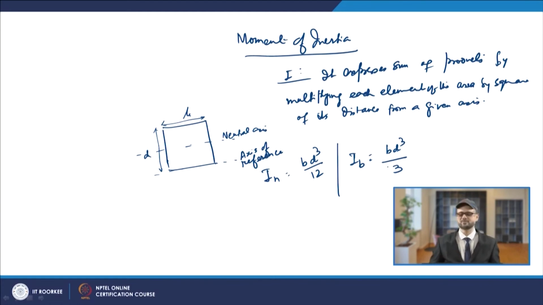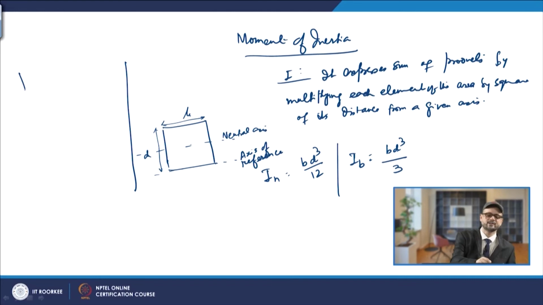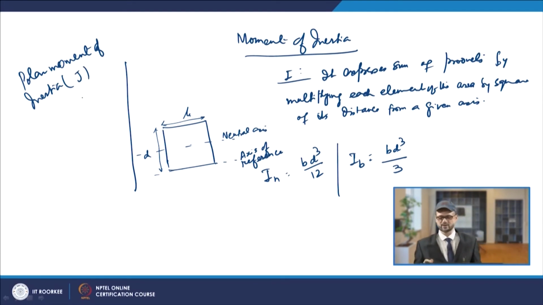Basically, the knowledge about the moment of inertia will also be used in finding the value of the polar moment of inertia, that is J. This J is also found about axes which are at right angles to each other.